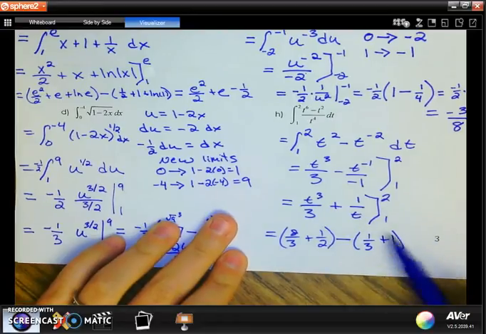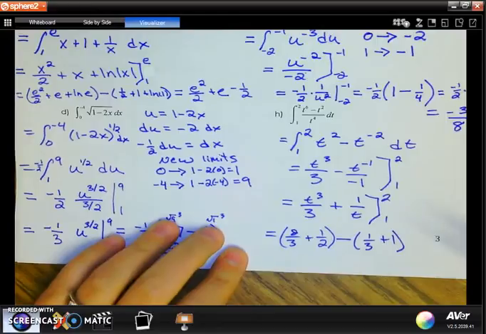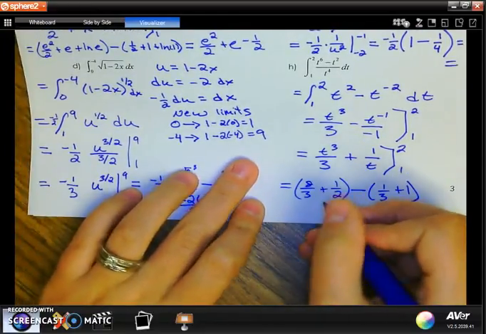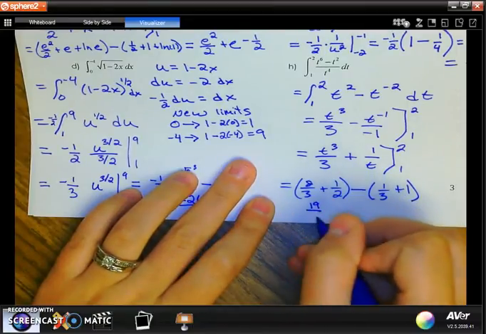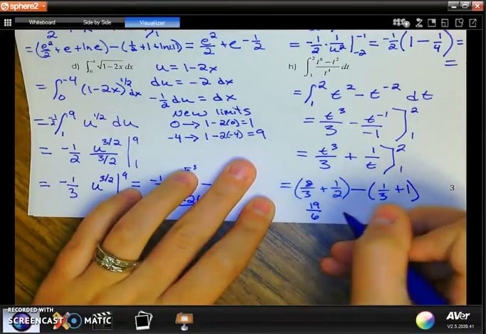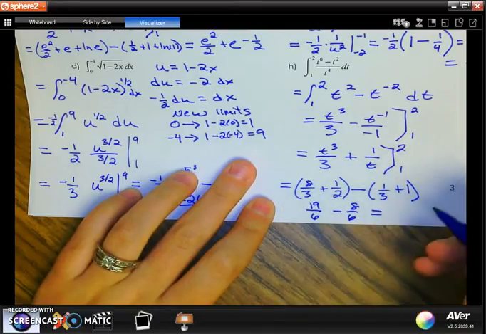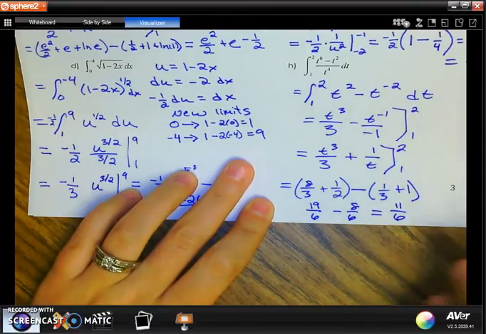You could get it of a third, but then you're eventually going to have to change it to sixths. Once you clean up that math, if you want to see one more line of work, 19 sixths minus 8 sixths, and that's going to give you a final answer of 11 over 6.